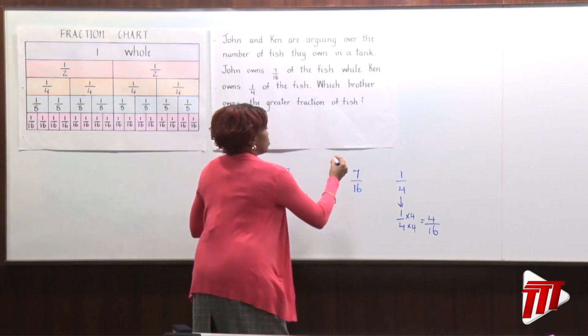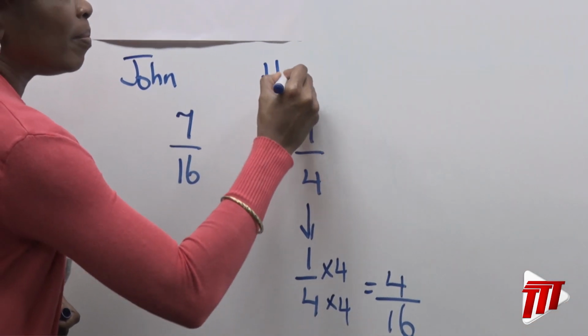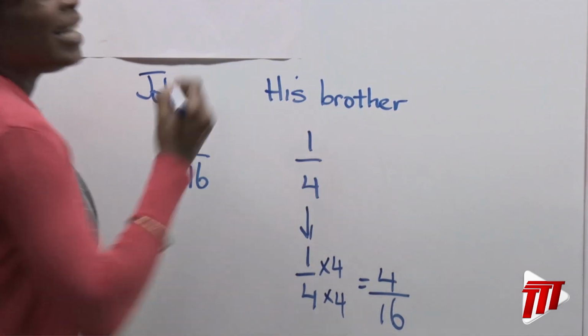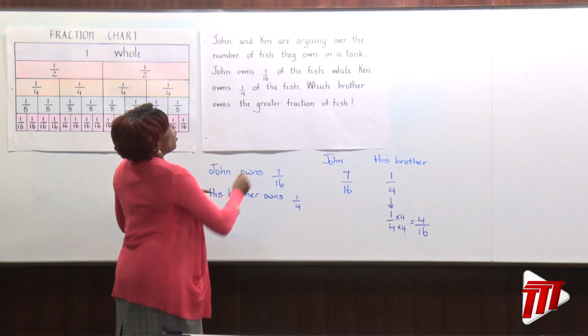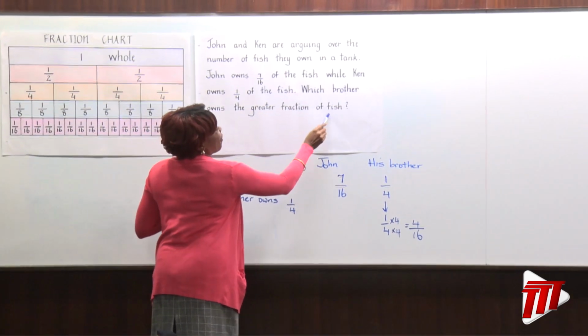John, his brother. Let's go back to the question now. Which brother owns the greater fraction of fish?